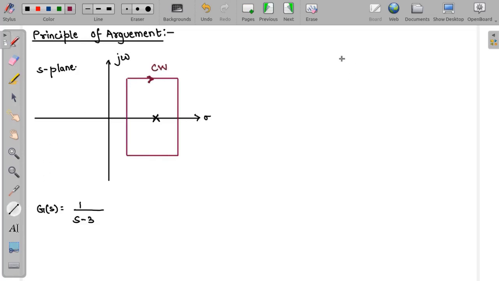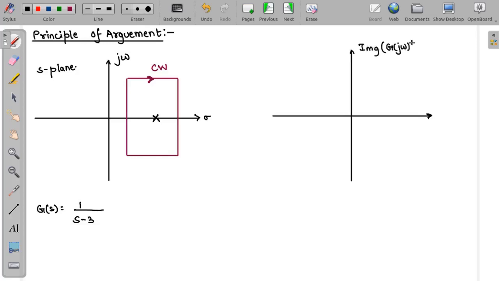Then according to the principle of argument, in the frequency domain, this is G(s). So in the frequency domain, this will be the imaginary part of G(j omega) and this will be the real part of G(j omega). So in the frequency domain, this is my origin. Okay, this is my origin.